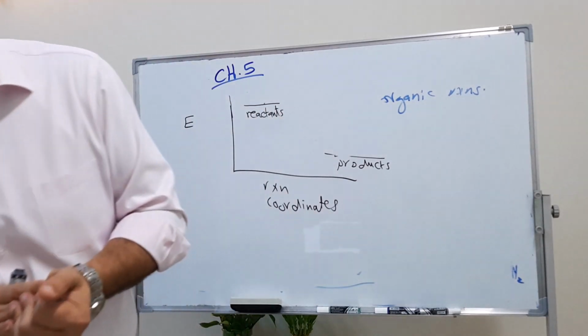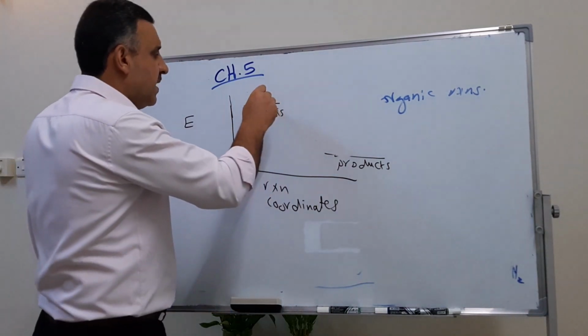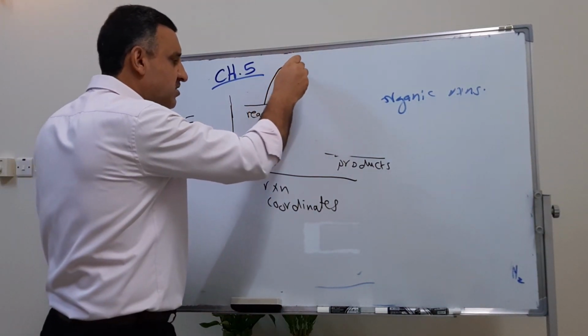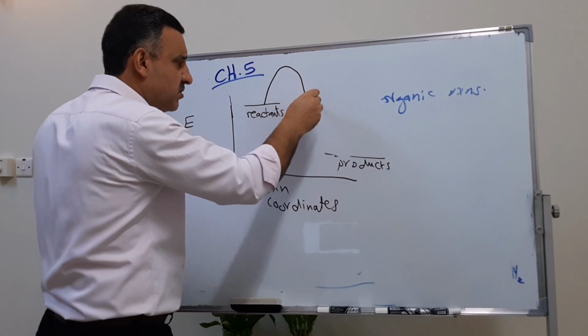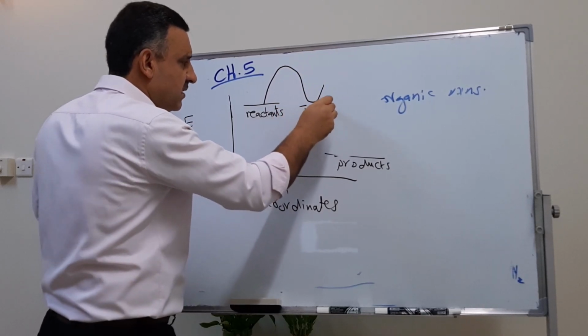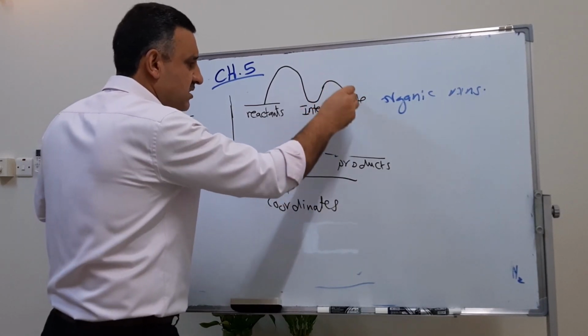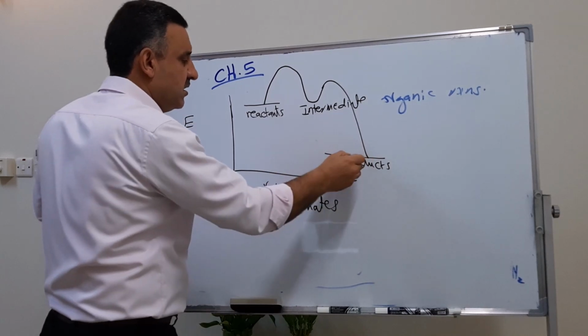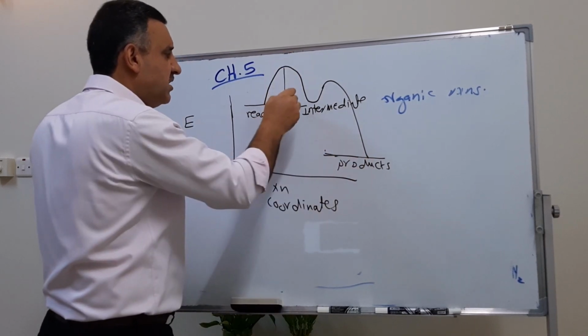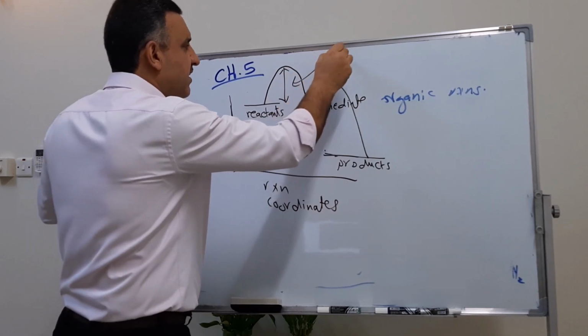All of this you may study in more detail in physical chemistry, but anyway, there is always an increase in energy, and then maybe there is some drop in energy if there is a formation of what we call an intermediate. And then there is again an increase in the energy. So the energy needed here is what we call the activation energy.